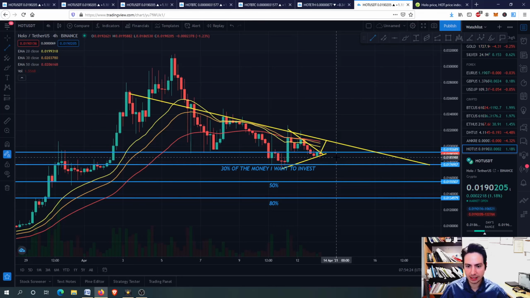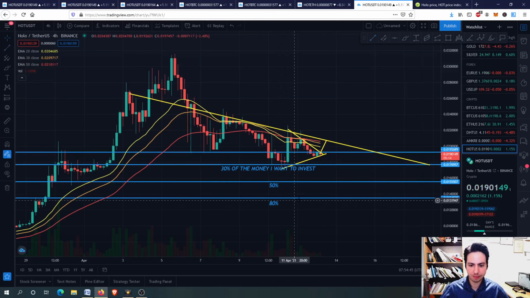We might have this as our new support level, but we will hit the resistance angle fan many times, maybe till 15th April or maybe till 18th April. We will see about that. I don't know the exact dates, but I'm trying to predict.